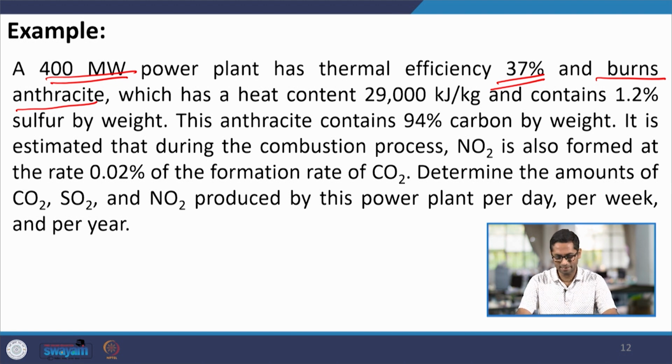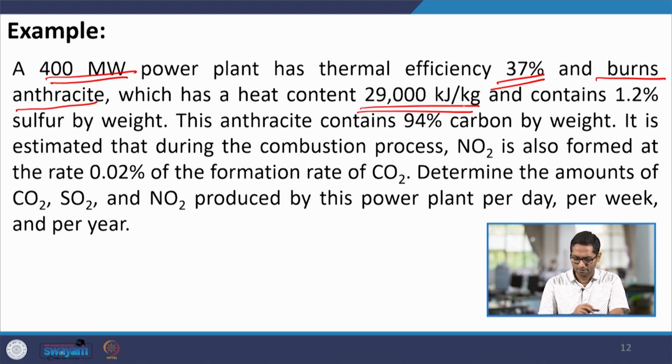But let's say that these emissions are coming from the combustion of the best quality of coal that is available. I'm also taking a calorific value of coal of around 29,000 kilojoules per kg. We also are assuming that this coal would have almost 1.2% of sulfur by weight. This anthracite contains 94% carbon by weight is another assumption.